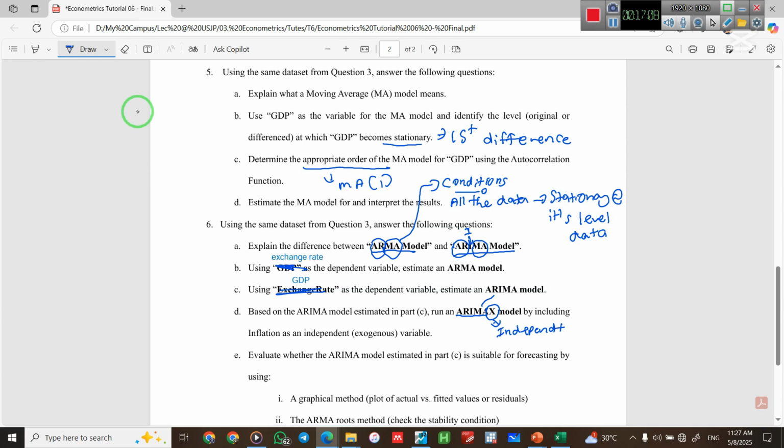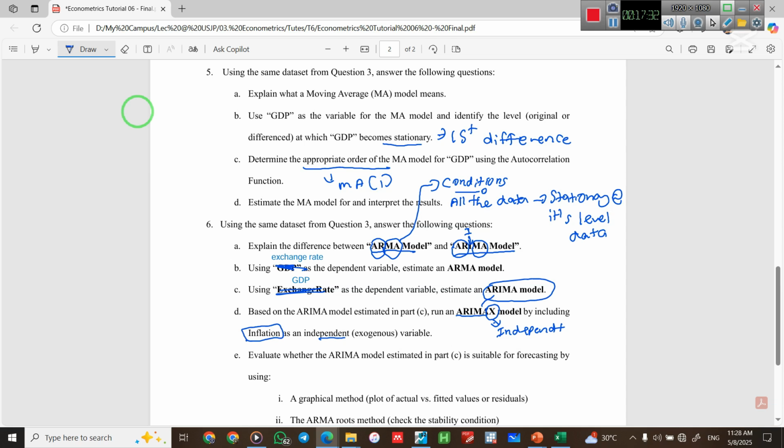So that means to this ARIMA model that we have run, we have to incorporate the independent variable, and they have given the independent variable that we need to incorporate, that is inflation. So what you have to do is re-estimate this ARIMA model by incorporating inflation as an independent variable.